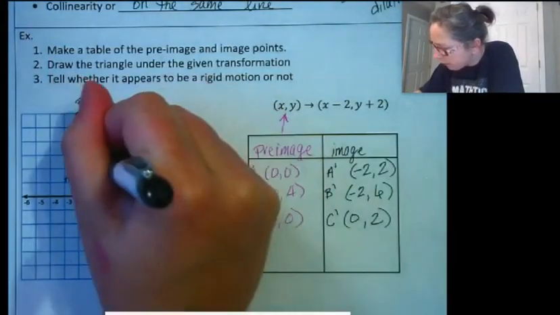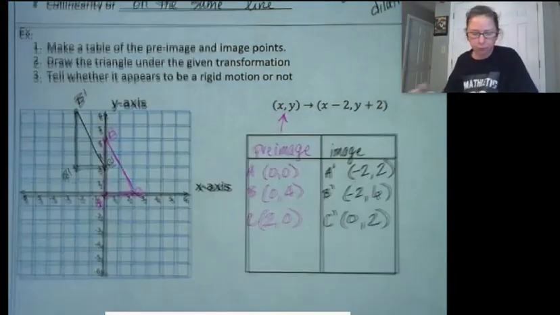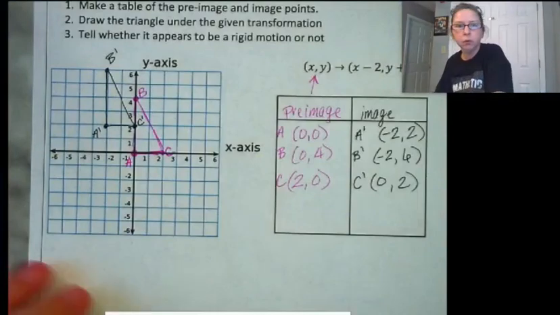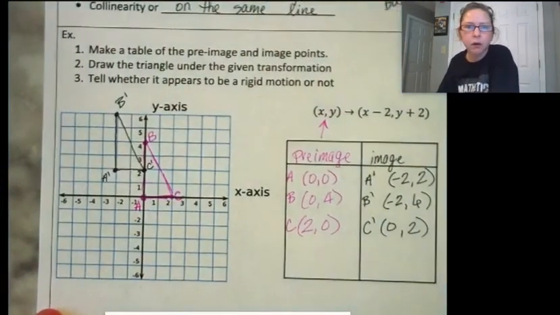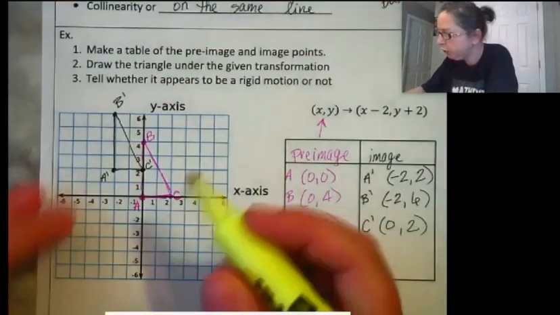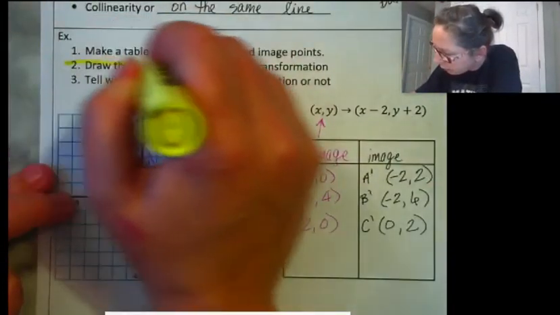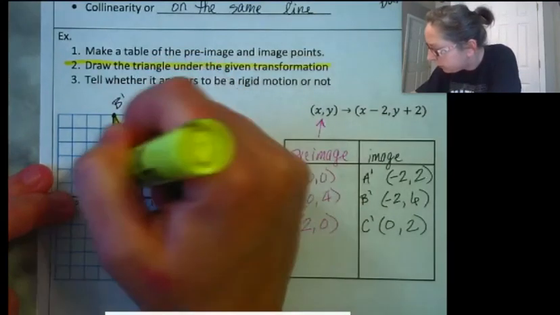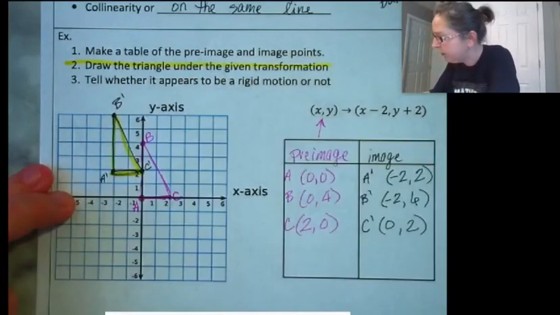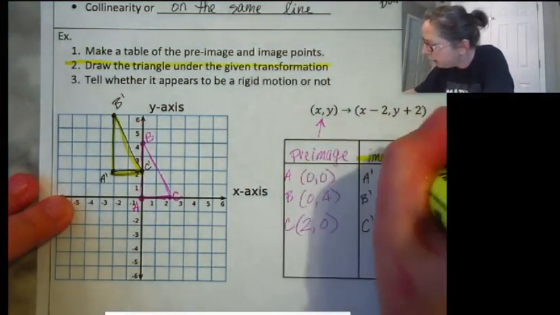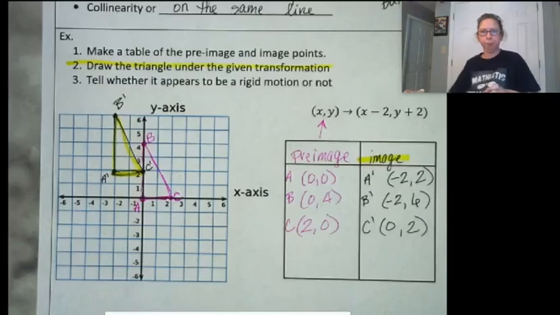And I need to be sure to label that C prime. Okay? So when I ask you to draw the triangle under the given transformation, that's what I did for B. This was my image. Okay, my image. I highlighted it in yellow.